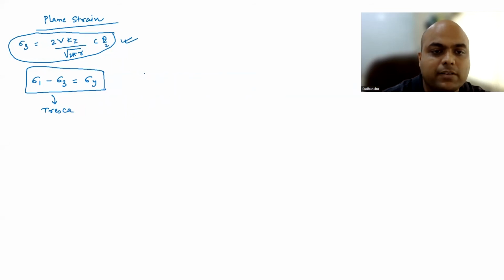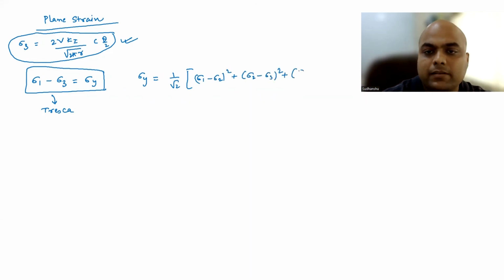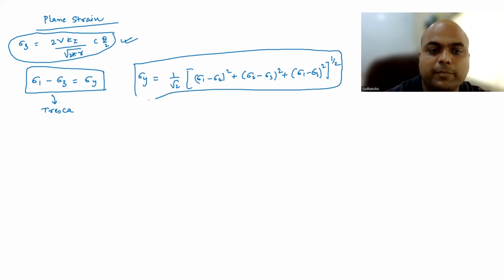And for von Mises, it is going to be sigma y equal to 1 by root 2 times sigma 1 minus sigma 2 square plus sigma 2 minus sigma 3 square plus sigma 1 minus sigma 3 square, to the power half. Okay. So this becomes your von Mises criteria.